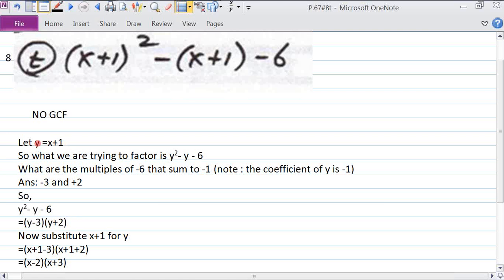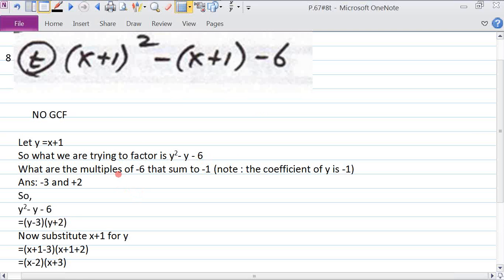But what I'm going to do is let y equal x plus 1. In other words, instead of x plus 1, I'm going to substitute y. So this term would be y squared, this would be minus y, and this would be minus 6. So I get y squared minus y minus 6 if I replace the x plus 1 with a y.